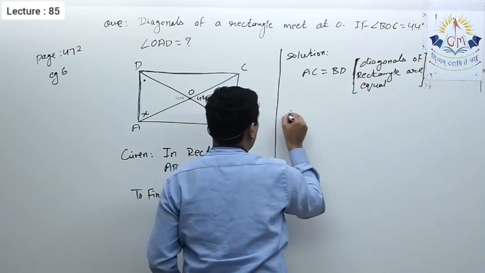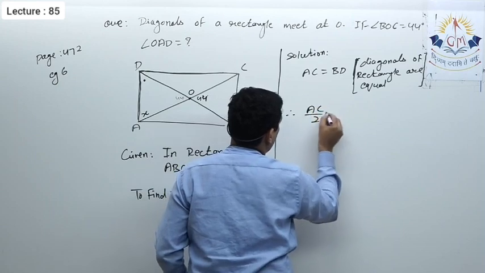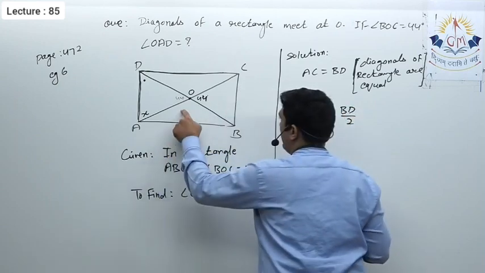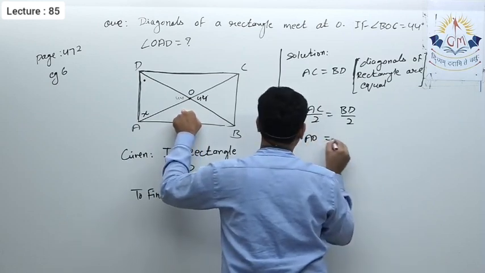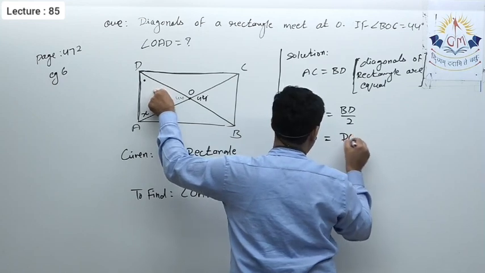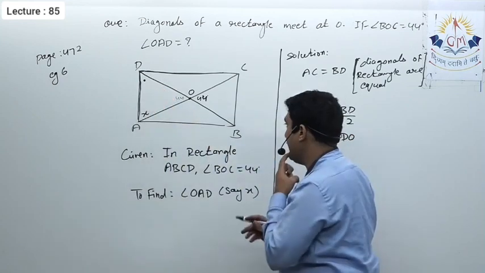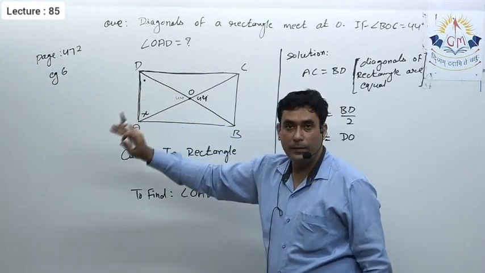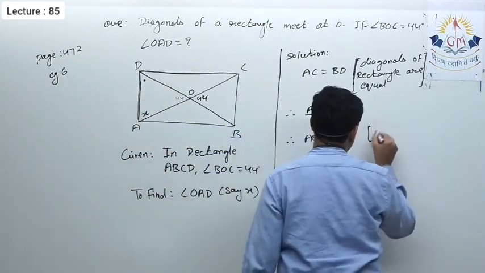So AC equal to BD, and obviously we can say half of AC will be equal to half of BD. Now half of AC is AO and half of BD is DO, because diagonals bisect each other.